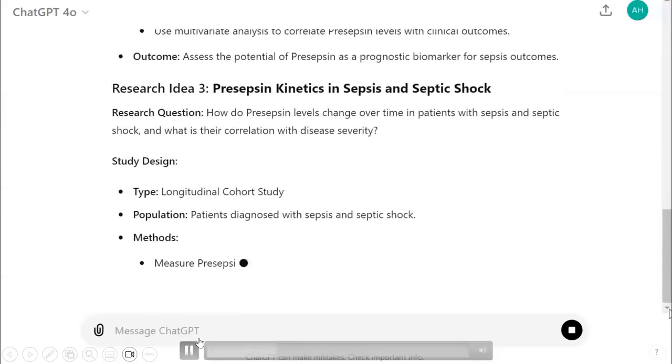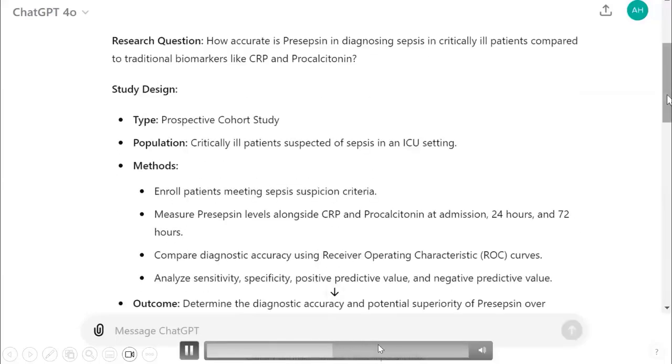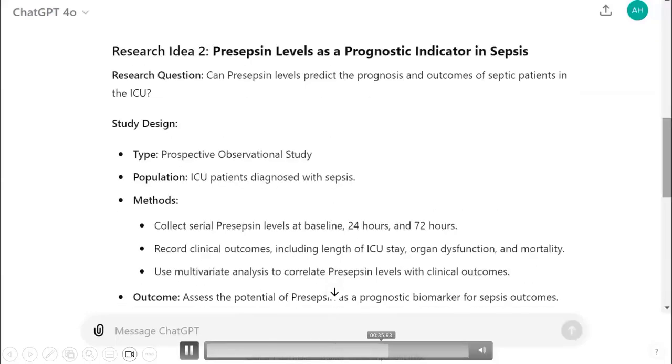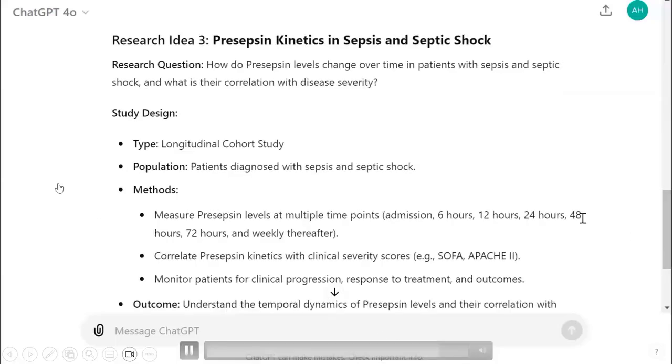Then presepsin kinetics in sepsis is the third research idea, and so forth. This is how ChatGPT can suggest ideas for research.